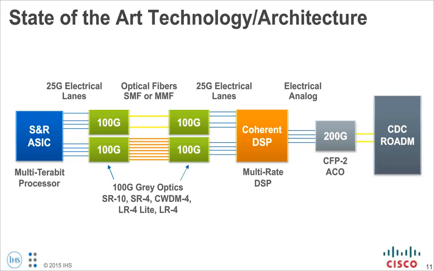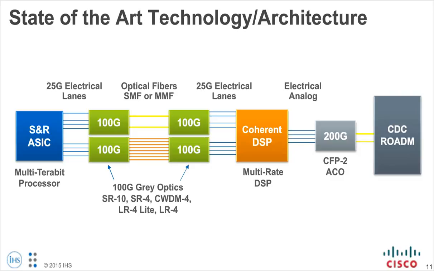Yeah, if we look at the most recent generation of switching, packet switching or OTN switching chips and packet routing chips, these chips are really talking 25 gig SerDes across the line card, and they talk to optics through the back side of the optics, the electrical side of the optics, and that gets mapped to some number of essentially wavelengths inside of the gray optics. In all of these cases, whether we're talking about SR10, SR4, CWDM4, LR4, or LR4 Lite, it's some number of wavelengths or fibers that are used to do that interconnect.